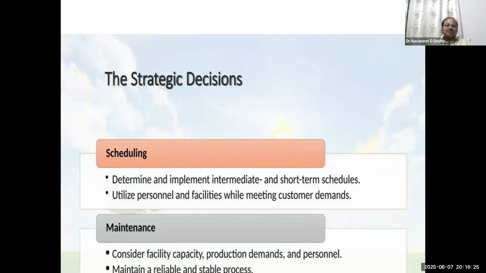Then comes maintenance. Consider facility capacity, production demands and personnel. Maintain a reliable and stable process. So a stable process is all that one is looking for. The larger the city is, the chances are that things may not be stable. But then the city gives us the framework and ecosystem whereby everything is there. It may not be possible in a rural context.